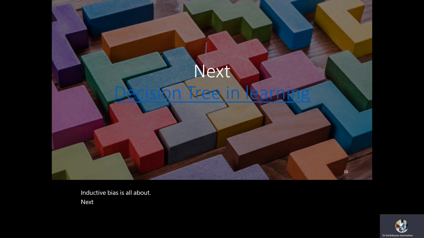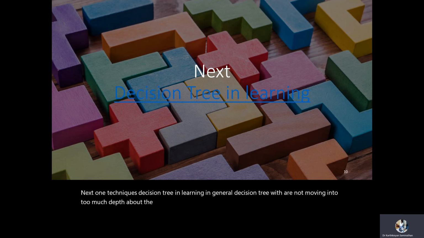The next technique is decision tree learning. In general for decision trees, we are not moving into too much depth about the problems. I am just teaching you what a decision tree is.